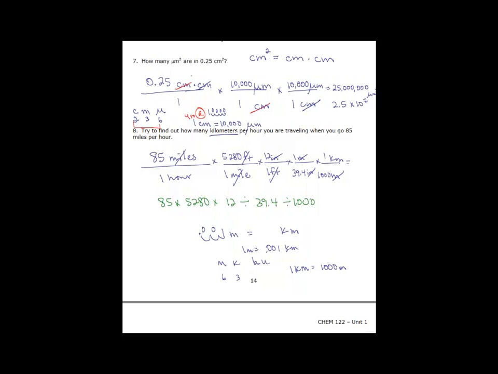So 136.69. I need to make this 2 sig figs. So 140 kilometers per hour.